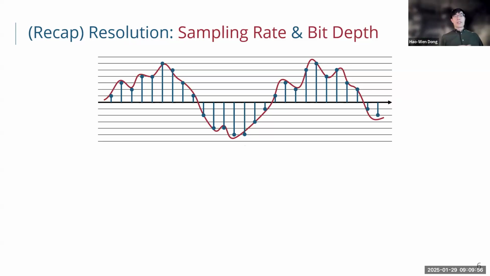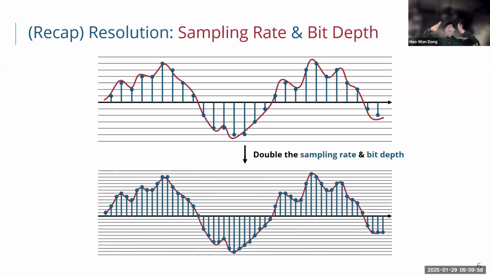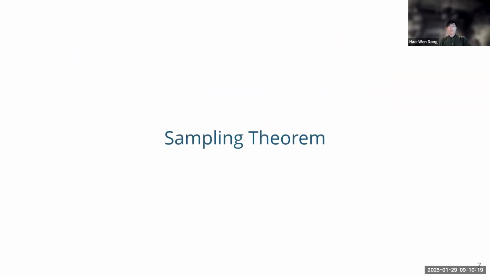If you double the sample rate, you get more samples over time, you measure more times per second. And if you add one more bit to represent the amplitude, then you double the resolution on the amplitude axis. Cool.